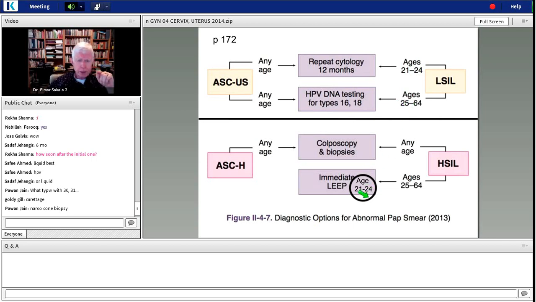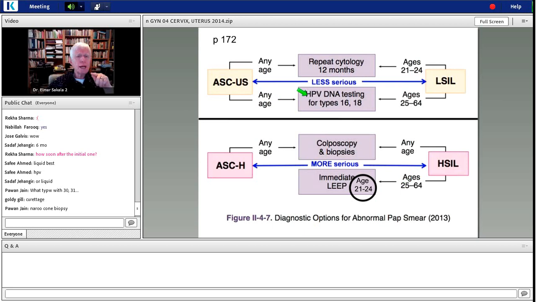And this is going to be an example of that. Notice I have drawn a horizontal line between the upper two and the lower two rectangles. We can call this top one less serious, ASCUS, LSIL. All right. The bottom two, the colposcopy, the ASC-H and the HSIL, those are more serious.